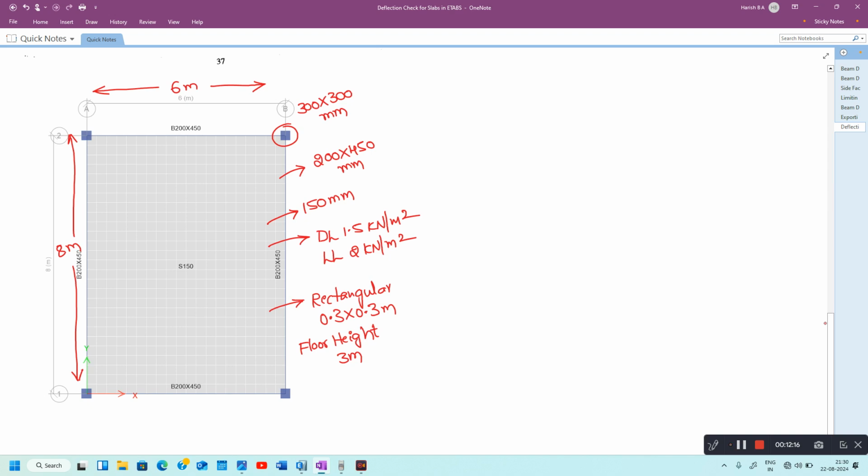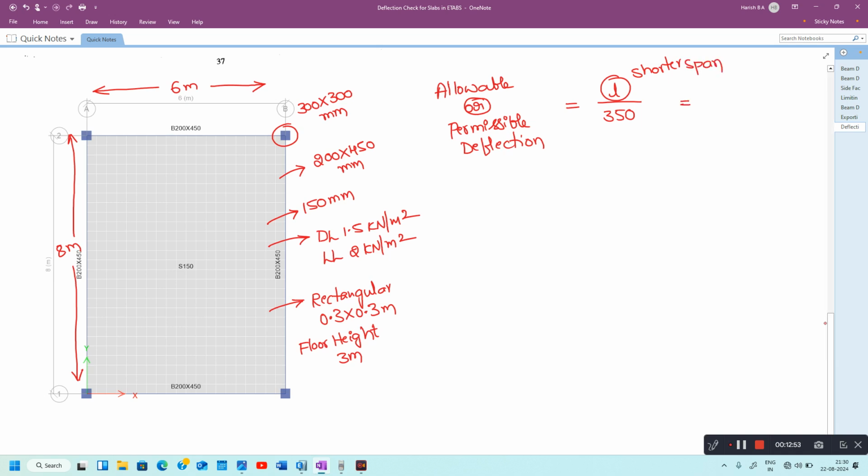In this case, first let me calculate the allowable or permissible deflection. It should be span by 350. Here span is always the shorter span.